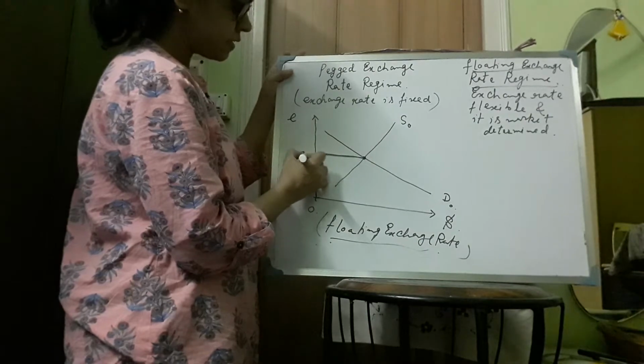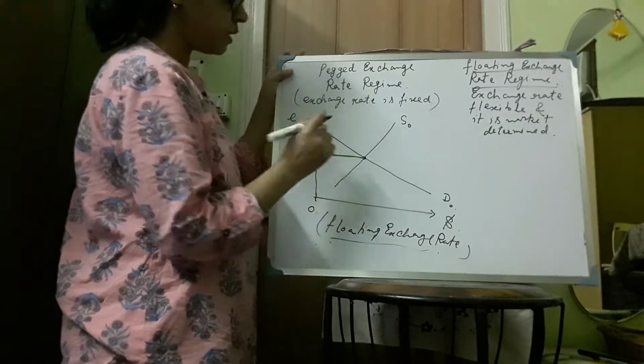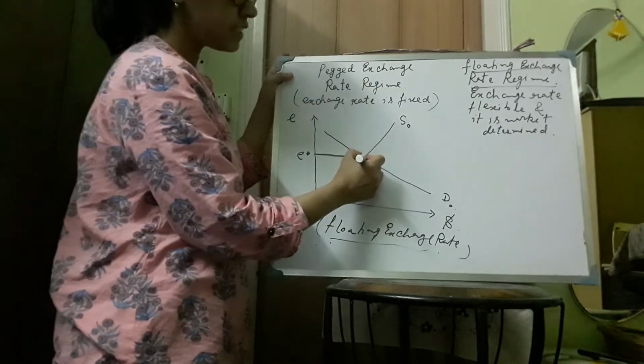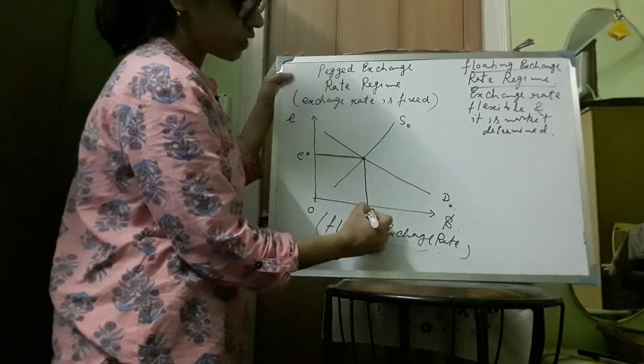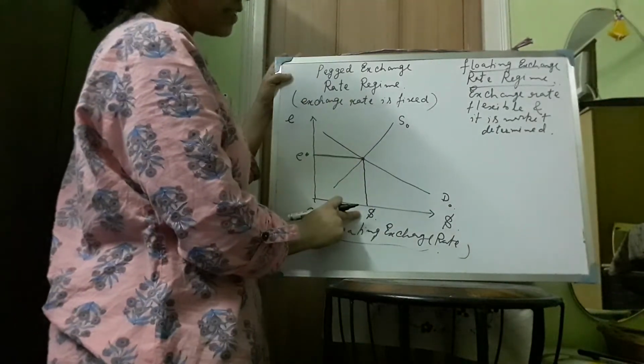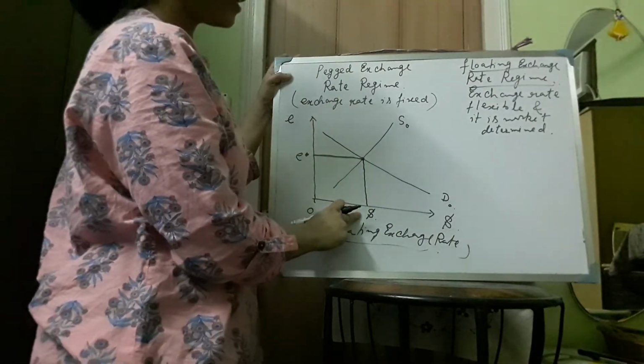So this E star is the equilibrium exchange rate and this is determined by the forces of demand and supply. And this is the equilibrium amount of foreign exchange.